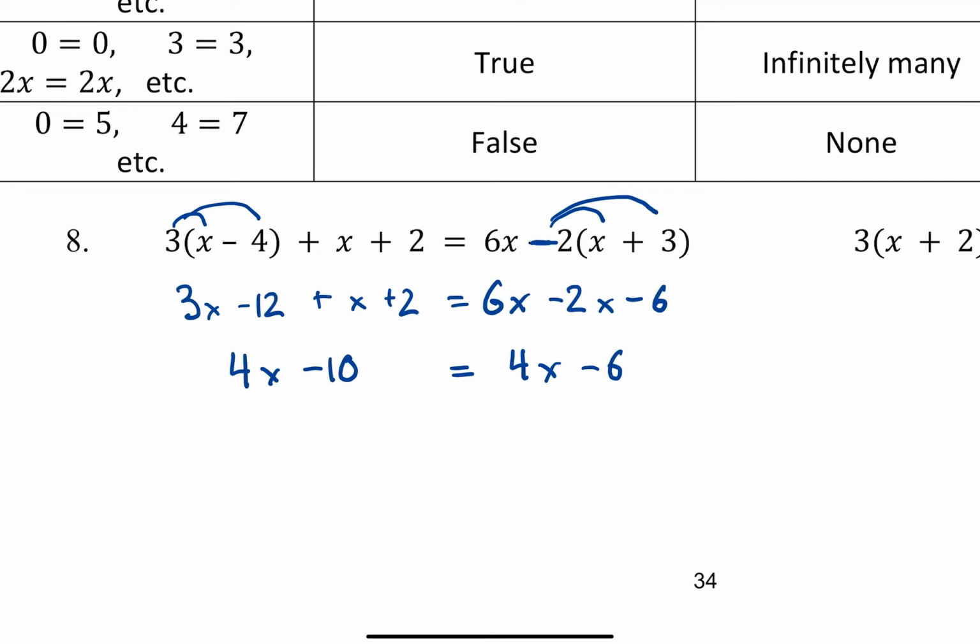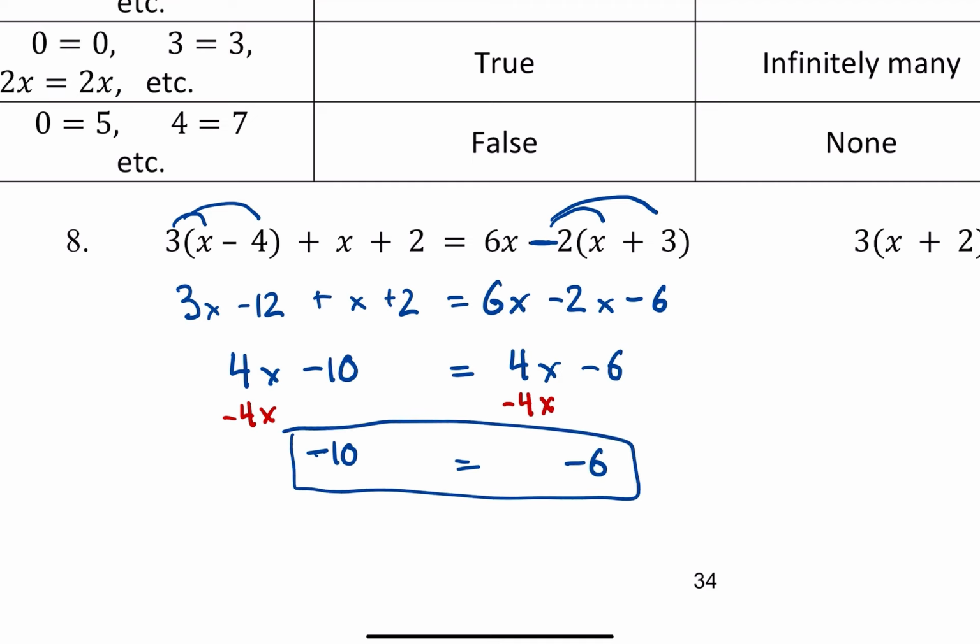You might see the issue right here, just because there's 4x's on both sides, but let's see what happens. So I'm going to move the 4x's. I'm thinking about moving this one over here, so I'll just subtract 4x from both sides. So we have minus 10 is equal to minus 6. And if you look at this right here, what is going on?